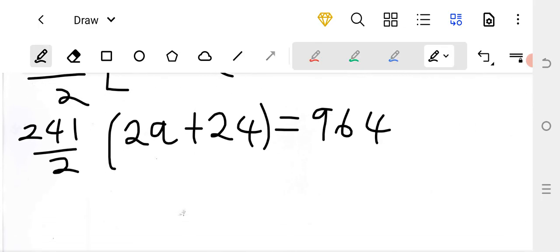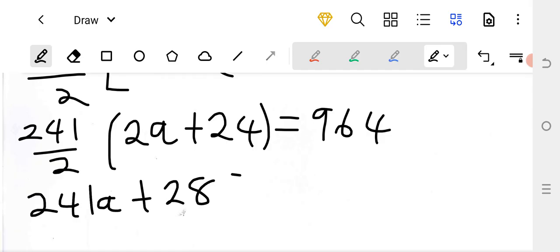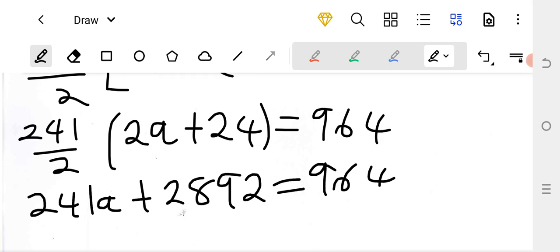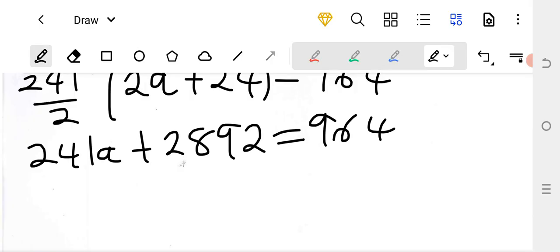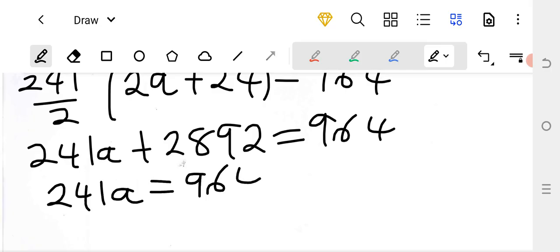Then you are going to have 241a, and then 2 can go into 24, 12. 241 multiplied by 12 is 2892, so 241a plus 2892 is equal to 964. Just like that. Then we just continue. 241a is equal to 964 minus 2892.